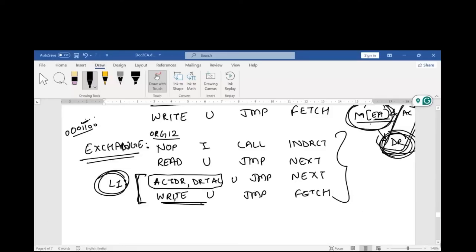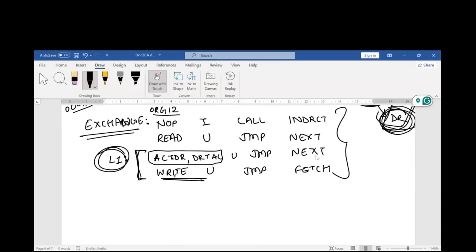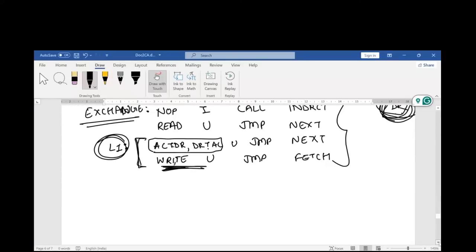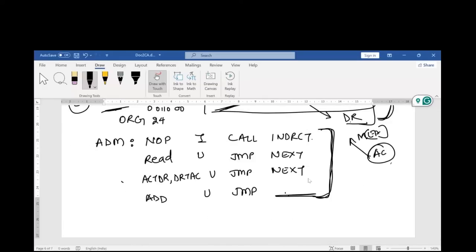Instead of making 2 new instructions in my control memory, if I jump to this location, my work will be done: first swap, and whatever is the answer, write it to memory, right? So what we will do is here, either you can jump to L1, or we can write exchange plus 2.